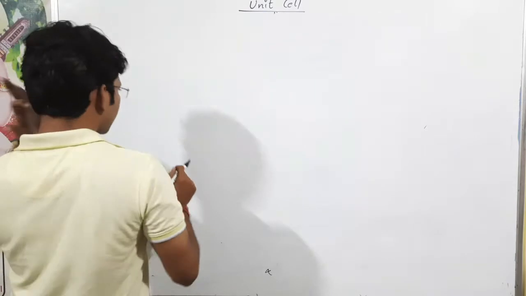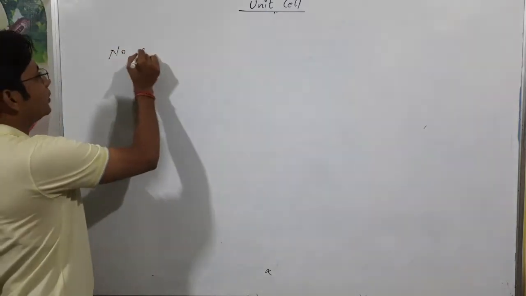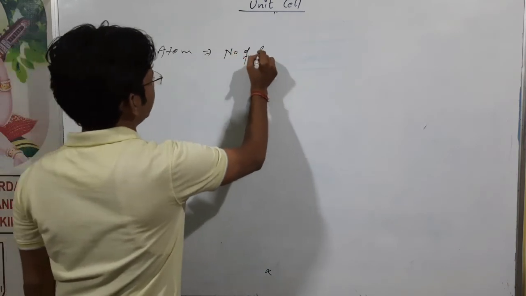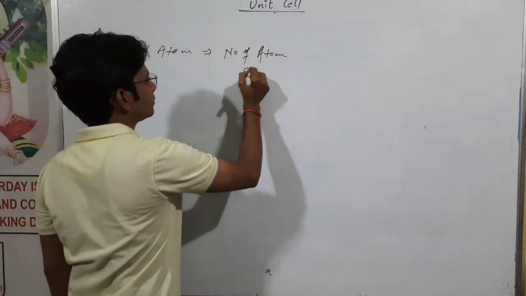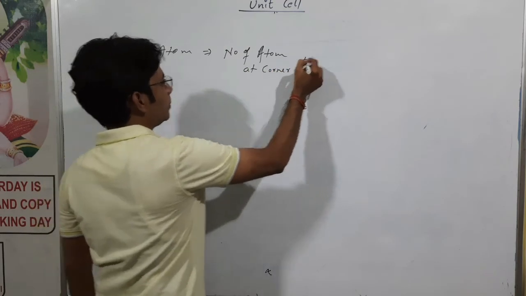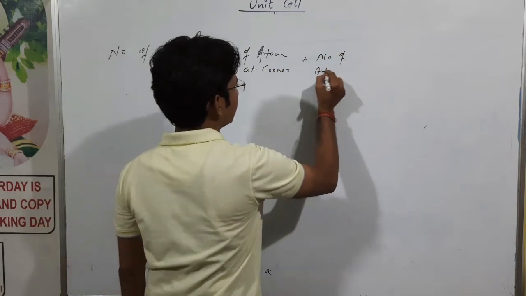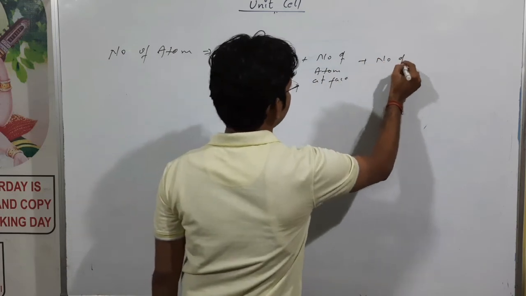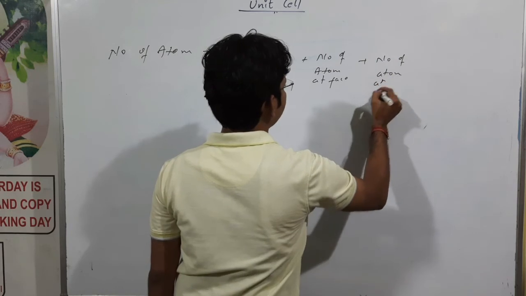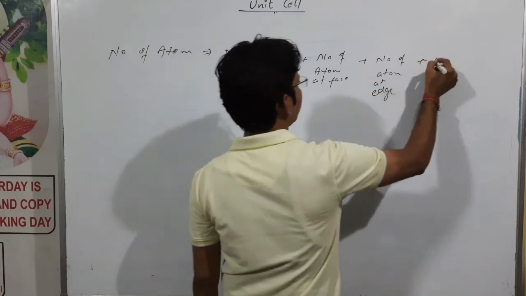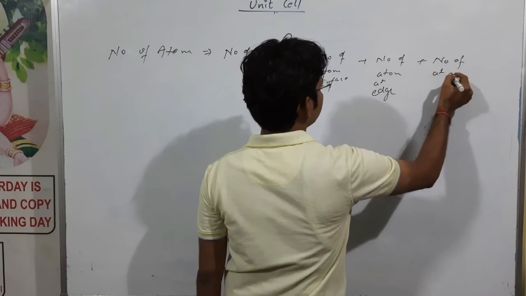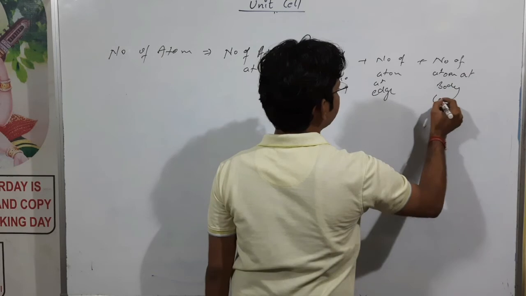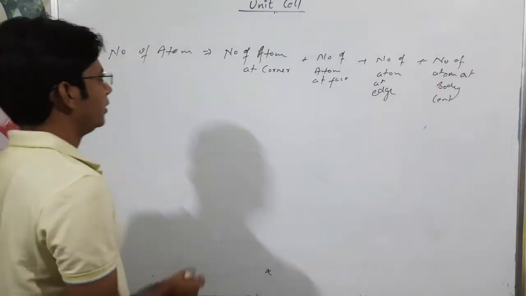First and foremost, how will you calculate the number of atoms? The number of atoms at corner plus the number of atoms at face, the number of atoms at edge, the number of atoms at body centered and so on. Whatever is required we will consider.